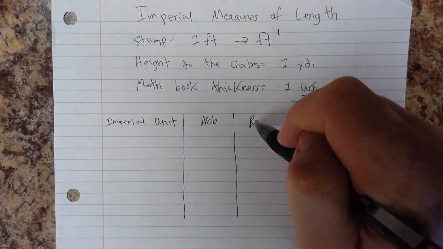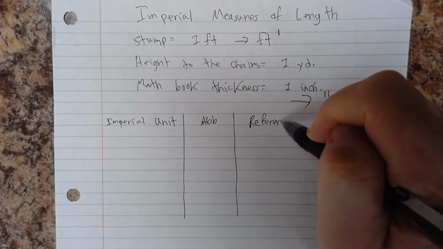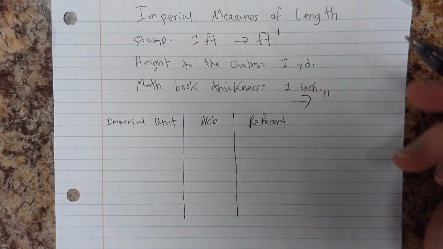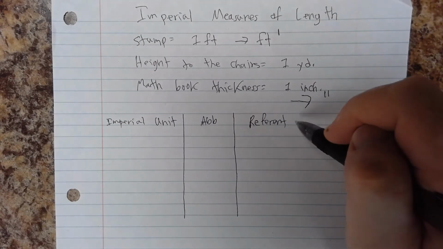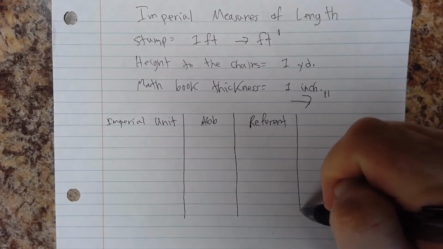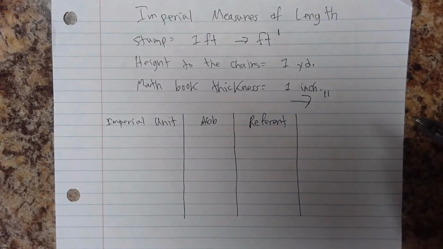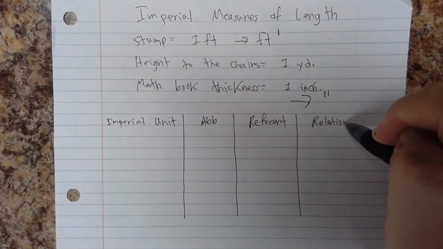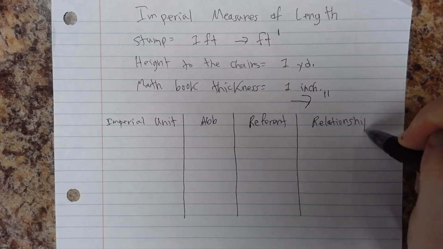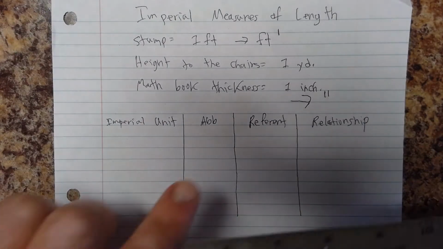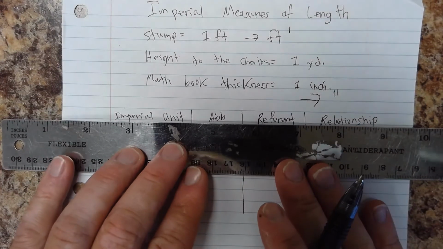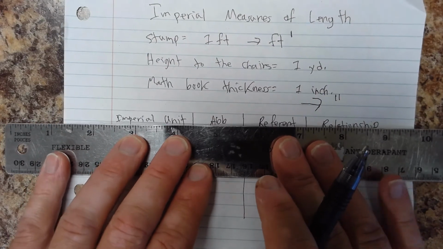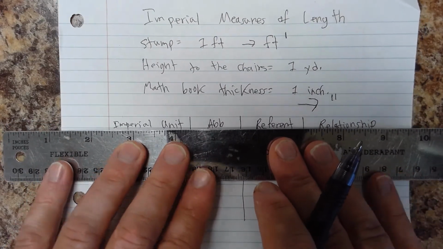A referent is something that's approximately that length, like we just did 3 different referents for a foot, a yard, and an inch. And then the relationship, as it relates to other units. Now I just want to put a line under my headings here, so I'm fussy that way.